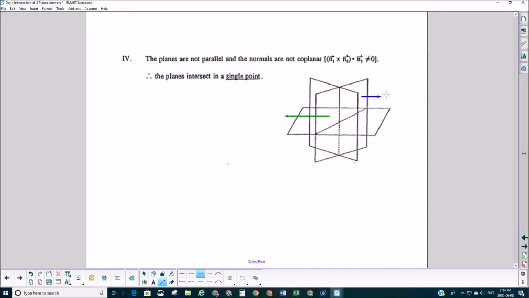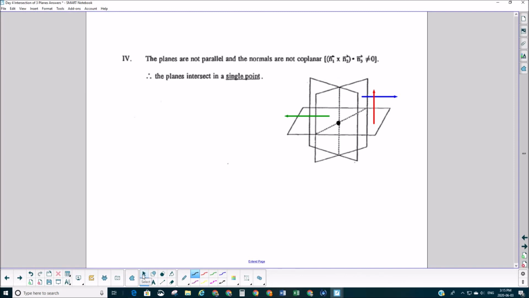This guy might have a normal coming out like this, which would be parallel to the desk, or at least lie in the desk. But the third one is very different, okay, and not lying on the desk, and therefore this is not coplanar. So if you know that none of them are parallel and the normals are not coplanar, you know that there will be a single intersection point, and you can go off and work at trying to find that single point right there as the one intersection.